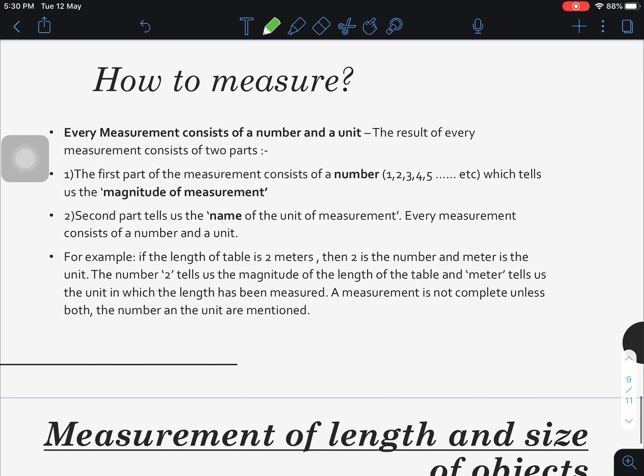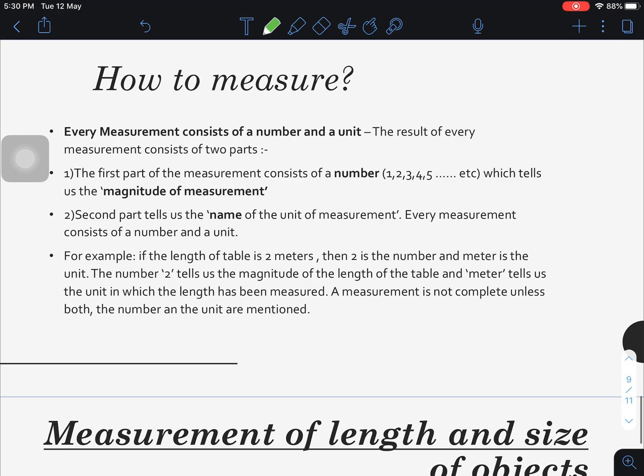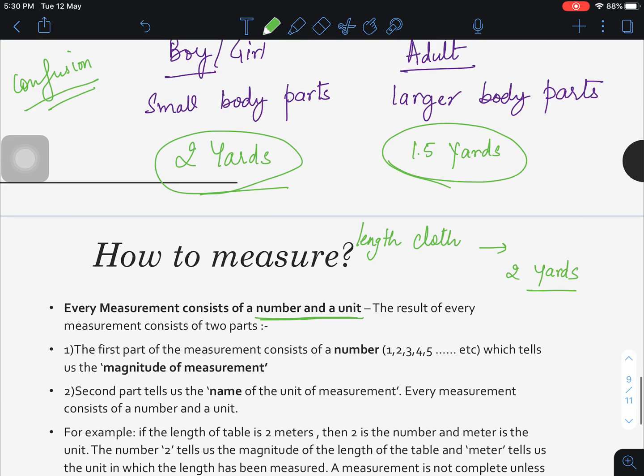Okay, now how do you measure something? Whenever you measure something, you have two parts. One is the number and another is the unit. Like we measure the length of the cloth. So it was 2 yards, if you remember.